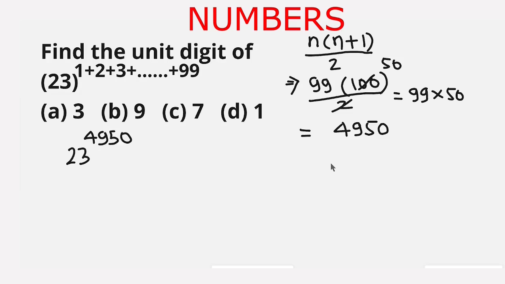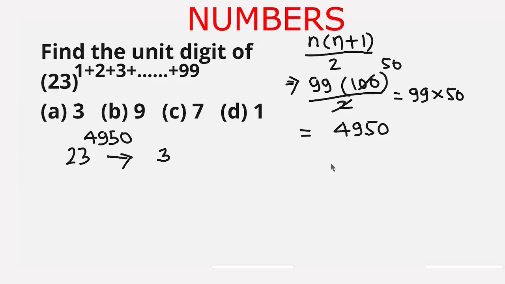As we know, the unit digit repeats itself after every fourth power. So we will divide 4950 by 4 and find the remainder. And the ones place of 23 is 3. When 4950 is divided by 4, we only have to divide the last two digits.